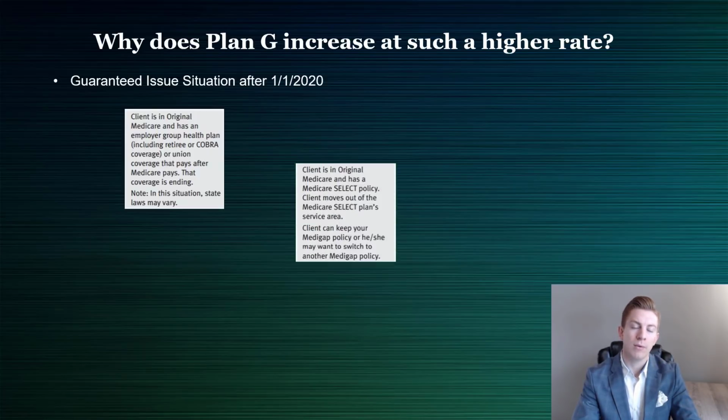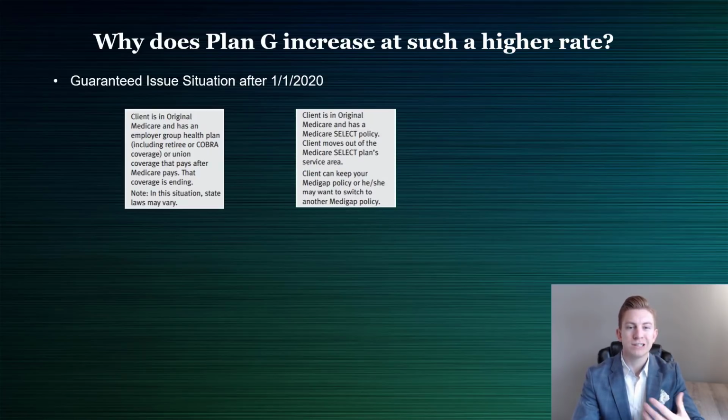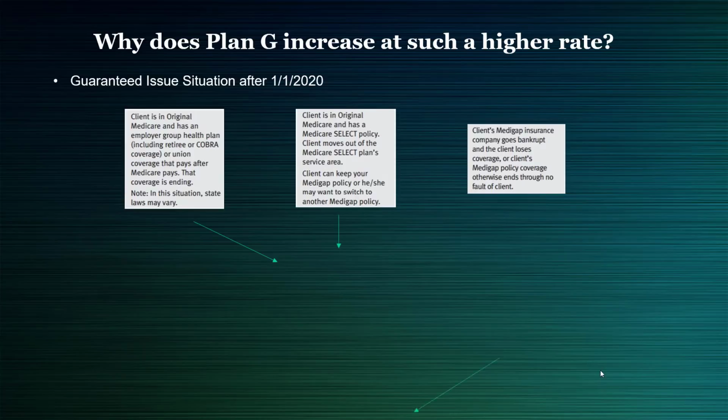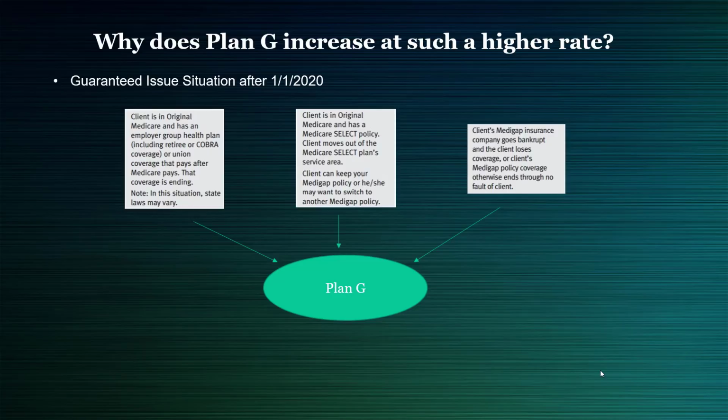Also, if your Medicare Select plan leaves the service area, that gives you a guarantee issue situation to buy a plan without answering any health questions, as well as if your Medicare supplement insurance company goes bankrupt. In these situations, you will always get to enroll into the Plan G without answering any medical questions.